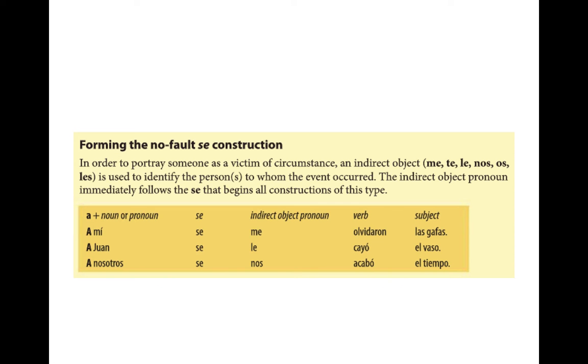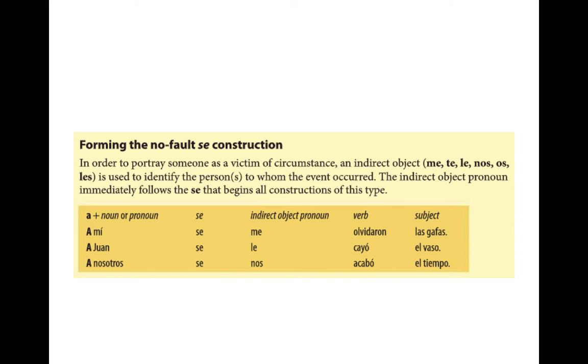chart is showing you. A mí se me olvidaron las gafas. It's a double because you have a mí and me, which mean the same. Both refer to the victim, but it's completely fine. But it is optional. In the book, you'll see it often when they have this double thing.